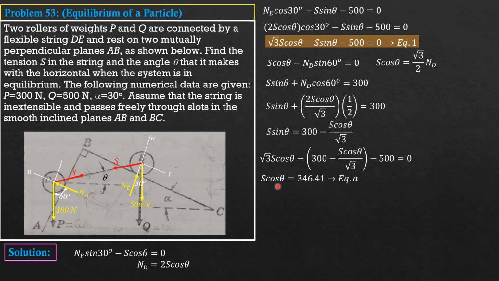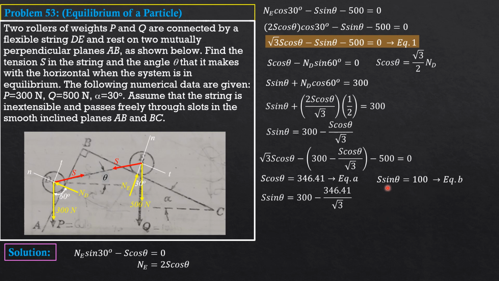So you'll get S cosine theta equals 346.41. Call that equation A. Then from S sine theta equals 300 minus S cosine theta over square root of 3, with 346.41, S sine theta is equal to 100.